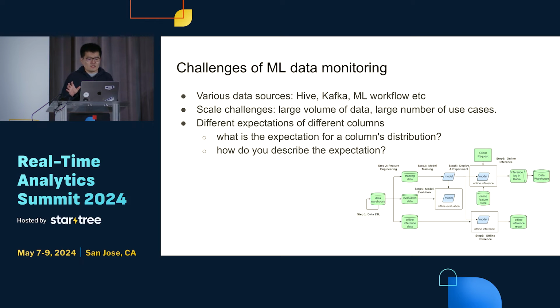So I have these different data sources. I also have a scale challenge. To really make a deep learning model perform, you need to feed in a lot of data for training. So whenever we want to monitor that data, I also need to handle the large data volume problem.